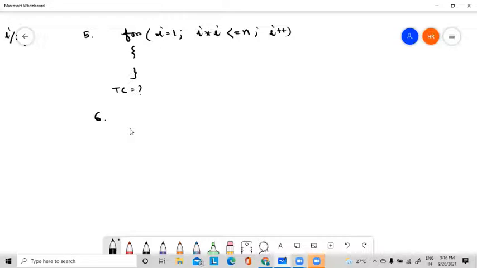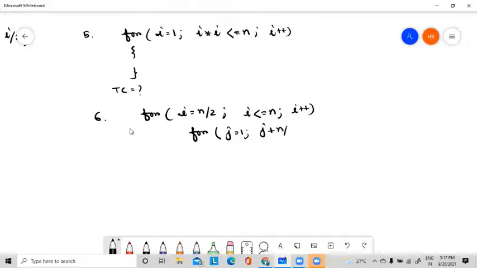Then another problem, say this is a little bigger: for I equal to n by 2 starting, then I is less than or equal to n, then I plus plus, then inside this for loop, a nested for loop for j equal to 1, j plus n by 2 say is less than n, then j plus plus, and then inside this for loop another for loop, k equal to 1, k less than or equal to n, then k plus plus, and then it is performing some operation.